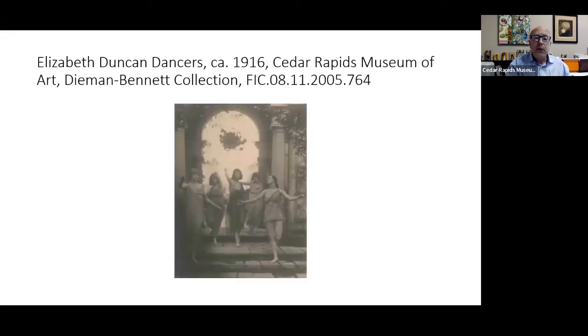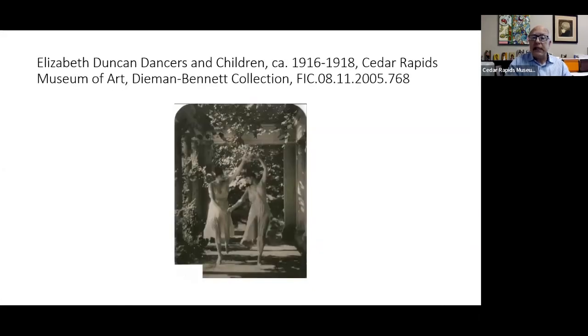Here, another view of the Elizabeth Duncan dancers, probably from the same shoot from around 1916. And here, the Elizabeth Duncan dancers. This one's identified as children, although I've yet to find the children, but that is how it is identified in the Library of Congress.